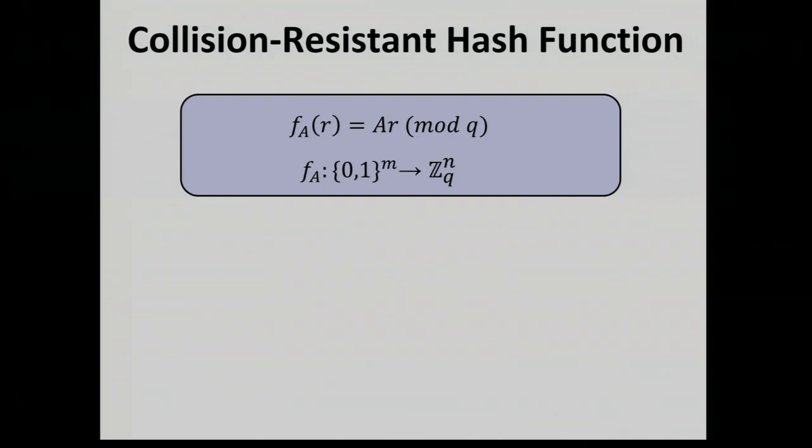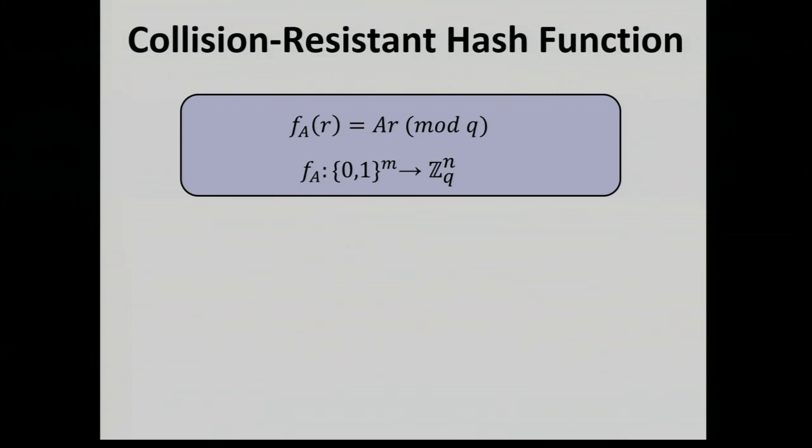Does that make sense? It's a linear function. What good can a linear function be? Linear functions are worthless. We like them, but they're worthless as cryptographic objects. The point is that these are linear functions whose domains are restricted to small sets, vectors of small norm, and that's really what gives it hardness.